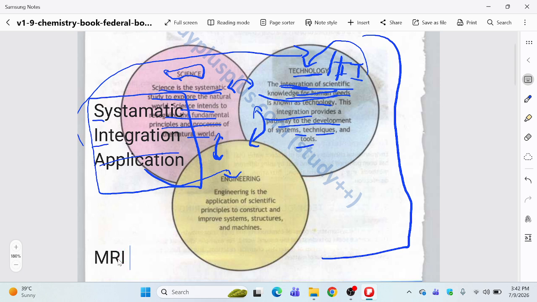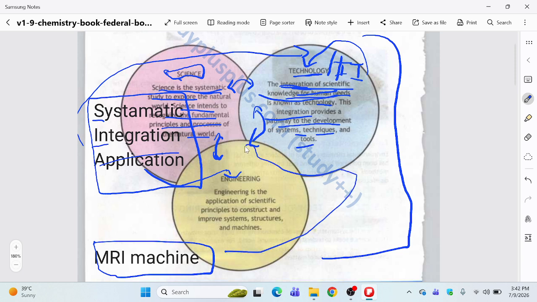It is working on all of these three bases. MRI machine, then we can even say solar panels. They are all related to science, technology, engineering. All of these are used in MRI machines. Not only MRI machines, we can see solar plants also use science, technology, engineering.